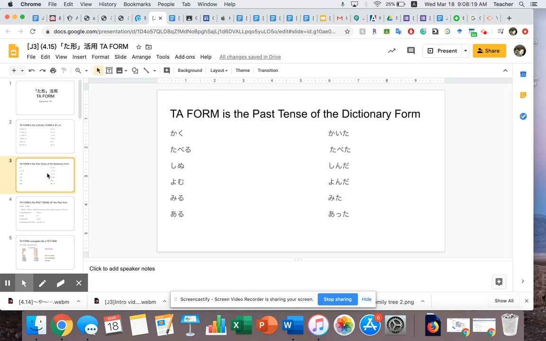If you remember, masu is present positive, mashita is past positive. One is present tense, one is past tense. So dictionary form is the present tense and the ta form is the past tense. So kaku is kaita, taberu is tabeta, shinu is shinda.